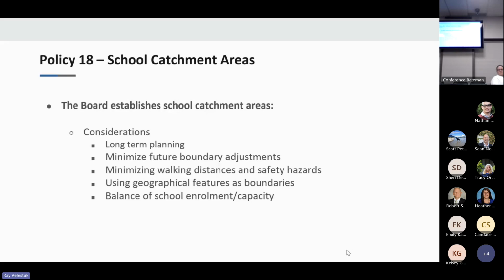And we try to balance the school enrollment and capacity, and sometimes that's difficult because you have growth in some areas, and we've resisted over time making internal boundary changes where enrollments have fluctuated.